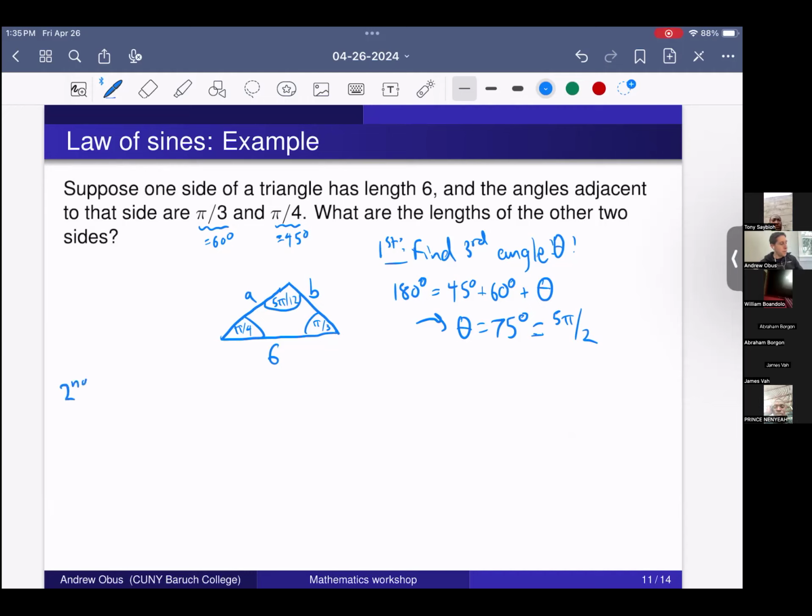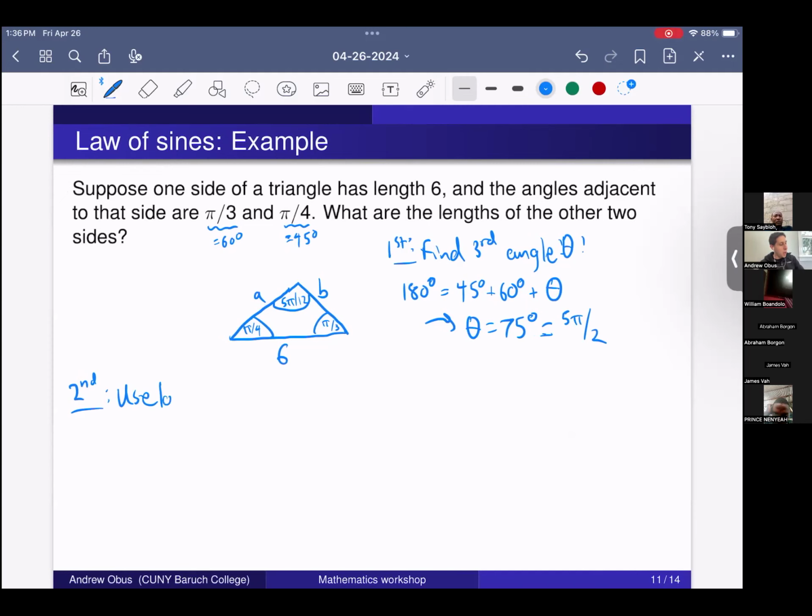So you can always figure out the third angle because you're given two of them. The second step is to use the law of sines. The point is every side over the sine of its opposite angle is the same. We know one of these ratios, that's 6 over sine 5 pi over 12.